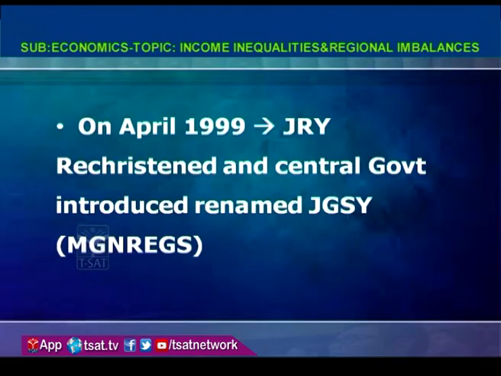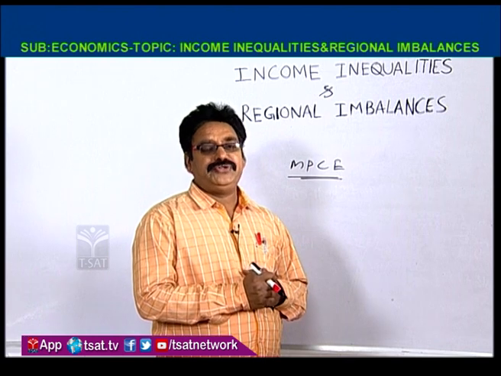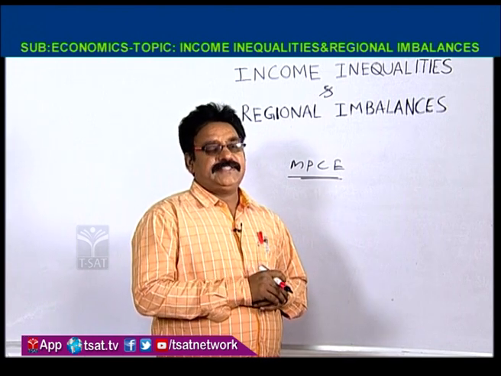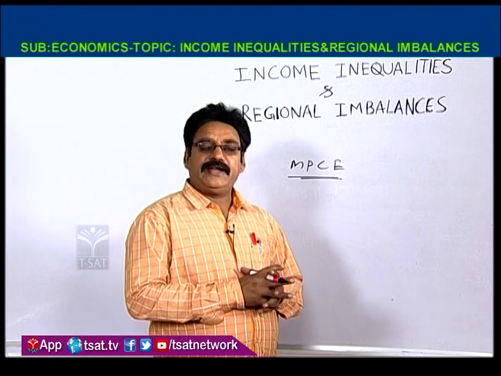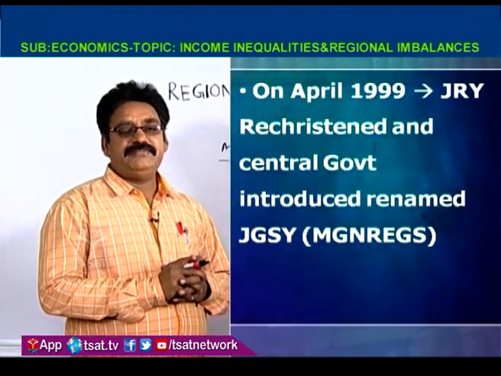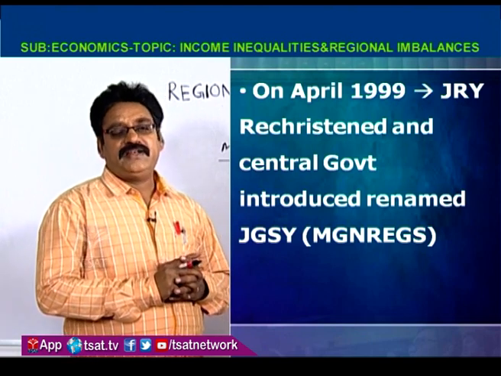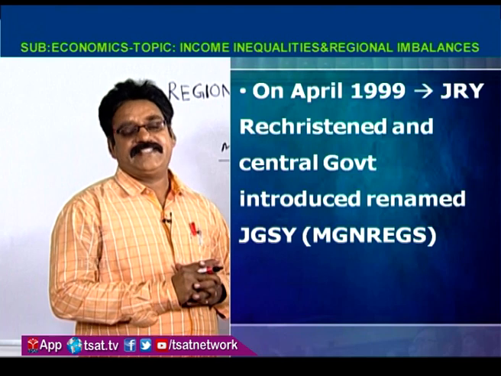In April 1999, JRY was again restructured by the central government, introduced and renamed Jawahar Gram Samruddhi Yojana. This is the one program which started in April 99. Main program MGNREGS. MGNREGS means Mahatma Gandhi National Rural Employment Guarantee Scheme.